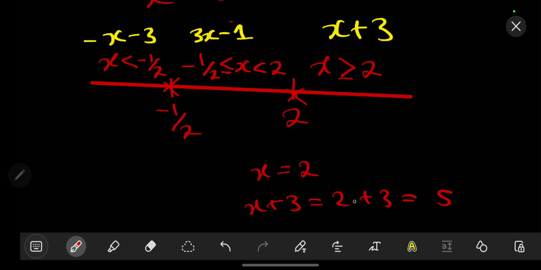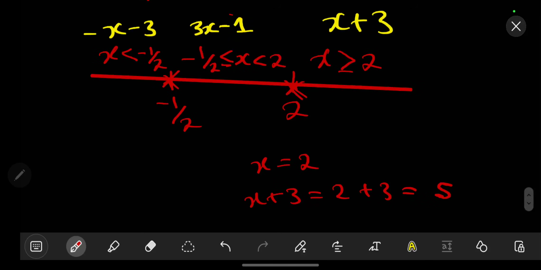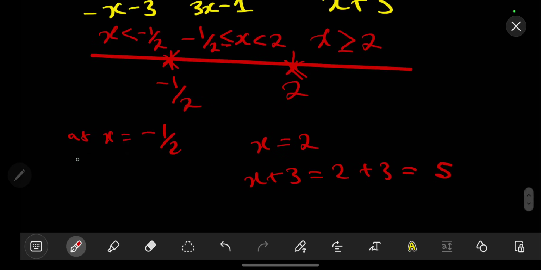Then you just find at this point and at this point, which will help you. Then you say at x is equal to negative half, the equation that you use is this one, not this one, because they are not connected. So we have a negative, open brackets, negative 1 over 2 minus 3.